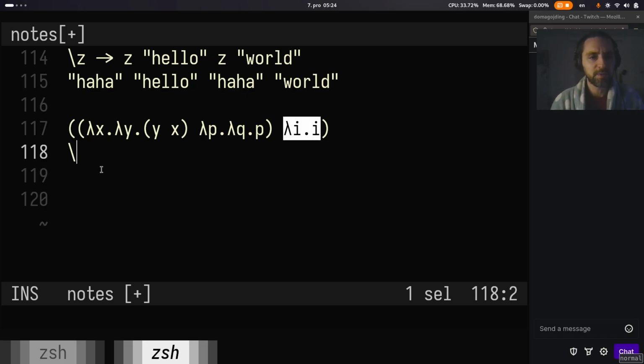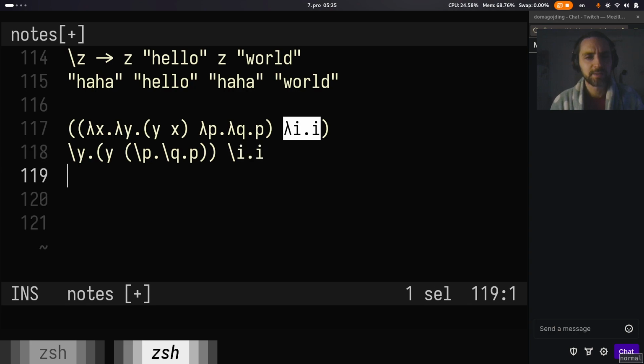So we're going to have a lambda y dot and then y, and then instead of the x we're going to have a lambda p dot lambda q dot p, and outside lambda I dot I. And now we're going to substitute lambda I. So we remove the lambda y hat, and instead of the y, we're going to have the lambda I. And we are going to apply that to lambda p dot lambda q dot p.